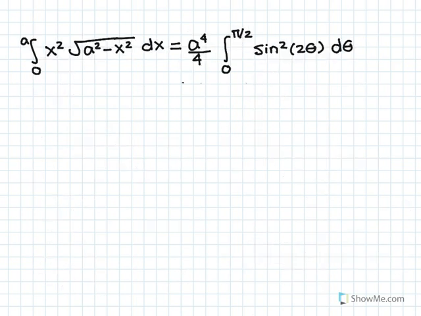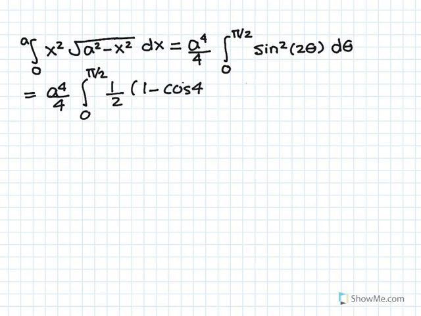So the integral from 0 to a of x squared times root of a squared minus x squared is equal to a to the fourth over 4 times the integral from 0 to pi over 2 of sine squared 2 theta d theta. And we use the trig identity to simplify this to a to the fourth over 4, integral from 0 to pi over 2 times 1/2 times 1 minus cosine 4 theta d theta. And this part is just sine squared 2 theta.